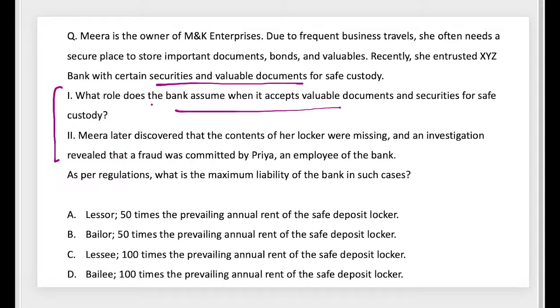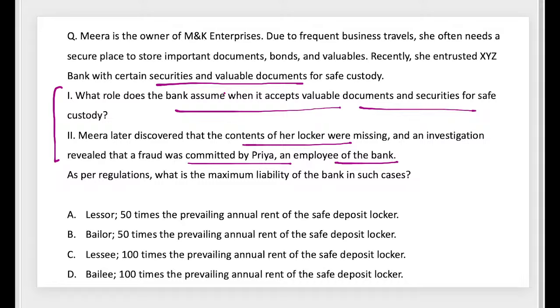First question: what role does the bank assume when it accepts valuable documents and securities in safe custody? Mira later discovered that the contents of her locker were missing. An investigation revealed that fraud was committed by Priya and the bank. Basically, she was a bank employee, right?